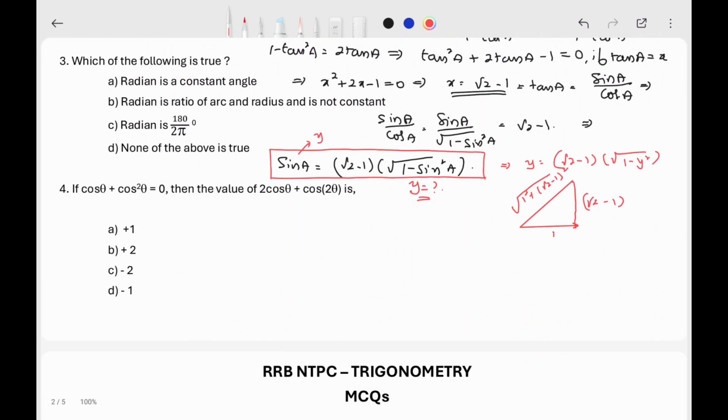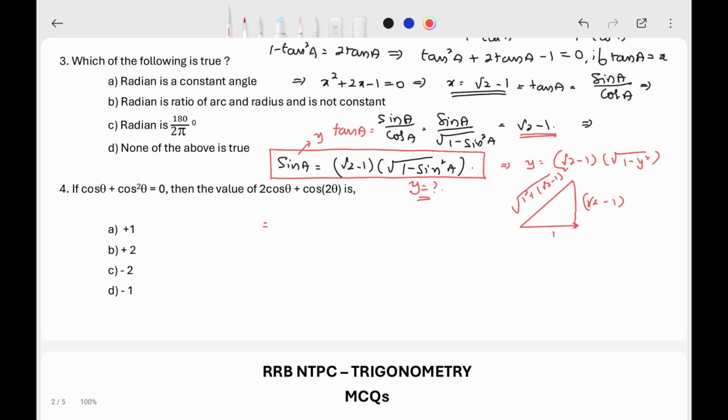Once you have found tan A, the adjacent side I have assumed as 1 and the opposite side will be root 2 minus 1, so tan A will be root 2 minus 1 by 1, that is equal to root 2 minus 1. I got this.